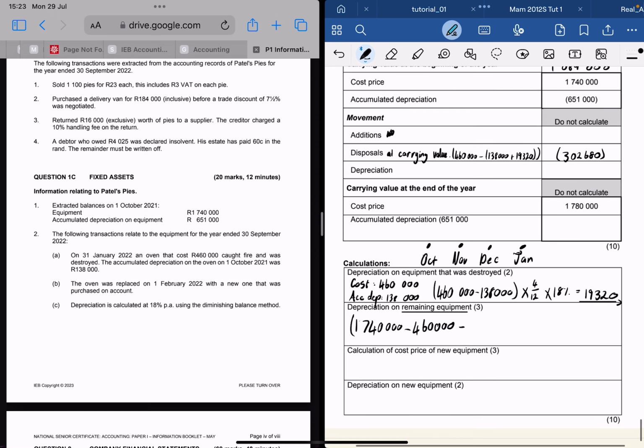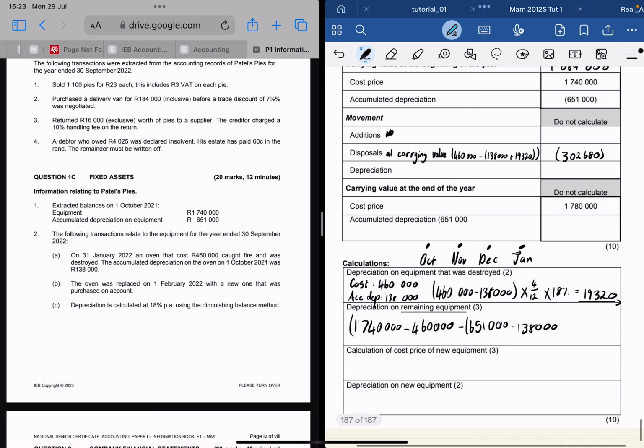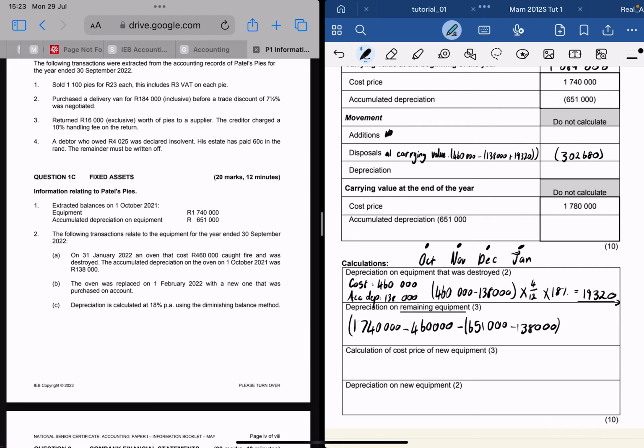So we need to subtract the accumulated depreciation, which was 651,123. But remember, this 651,000 includes the accumulated depreciation on the vehicle that we sold. So we need to take out this 138, which is the accumulated depreciation on what we sold. So this is going to get us the cost of our remaining vehicles, right?